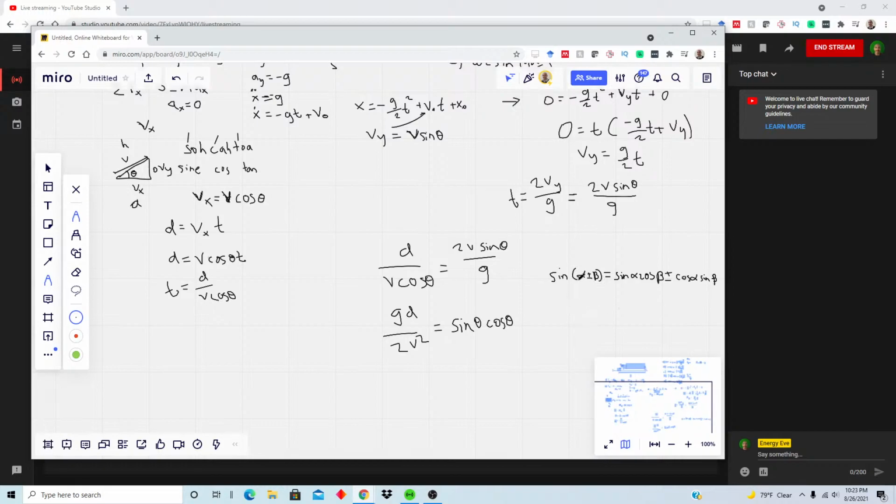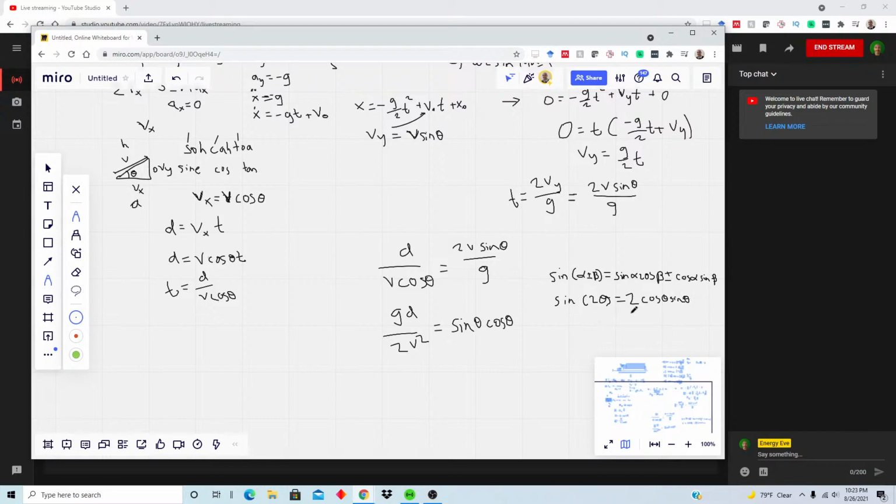And the cool thing is here our alpha and beta are both equal to theta. So sine 2 theta, since we're dealing with the plus, is sine theta cosine theta plus cosine theta sine theta, which is the same, so you switch it. So it ends up just being 2 cosine theta times sine theta, or sine theta times cosine theta.